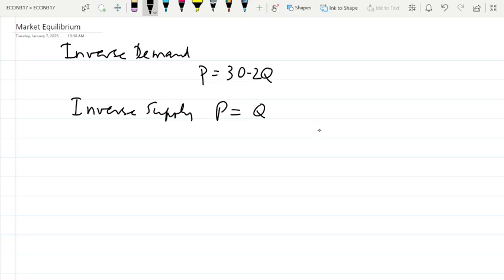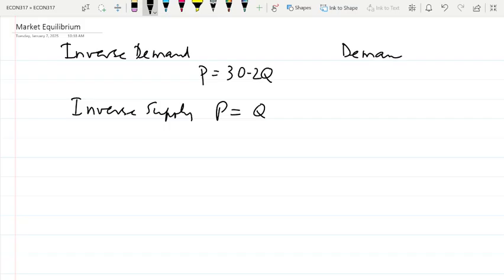This description of demand and supply in terms of inverse demand and inverse supply is helpful in drawing graphs. But we could also write down the demand as well as the supply.